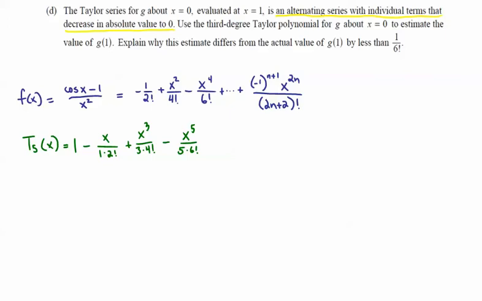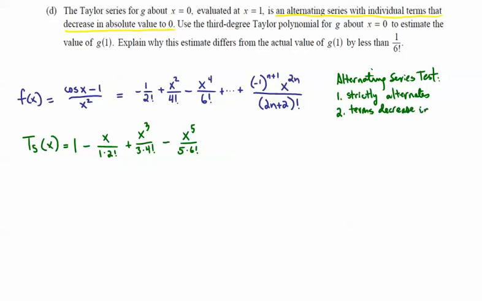So let's talk about the alternating series test for just a second. If a series passes this test, it means that the series converges. The first criteria is that the series must be strictly alternating. Second, terms decrease in value.